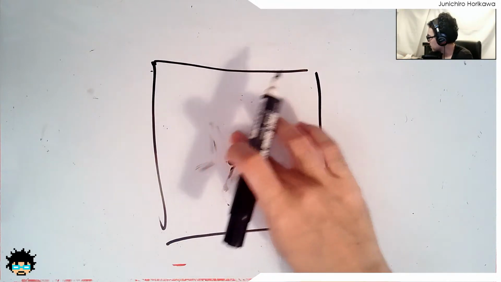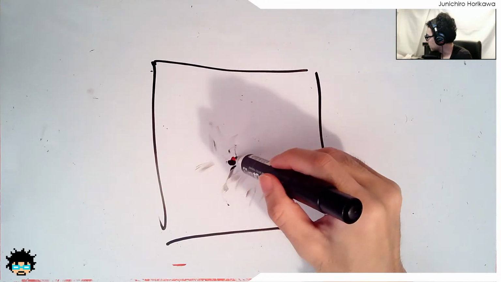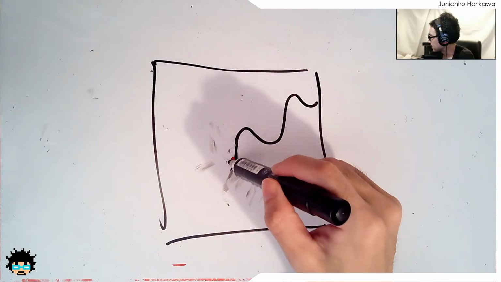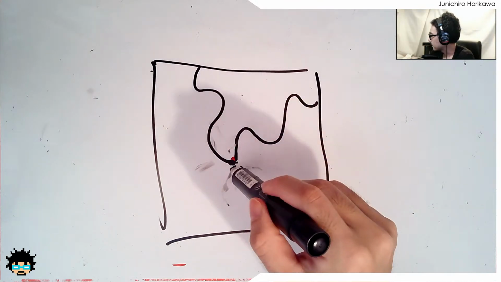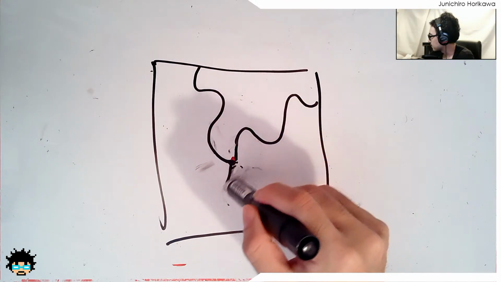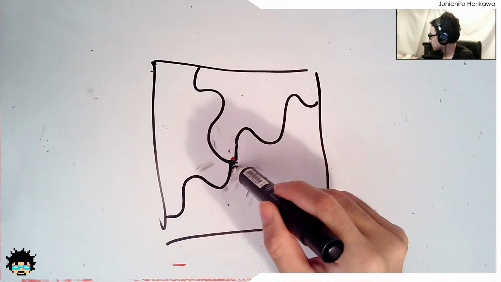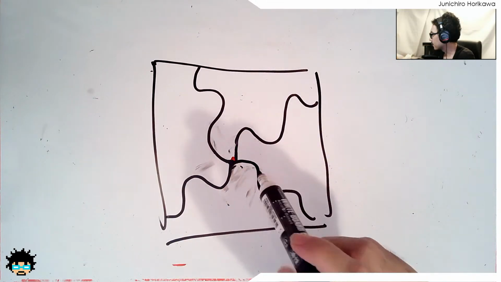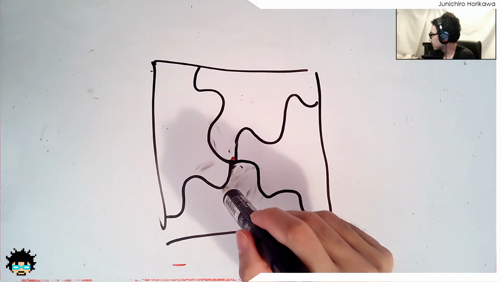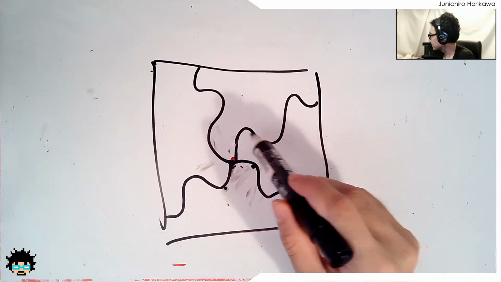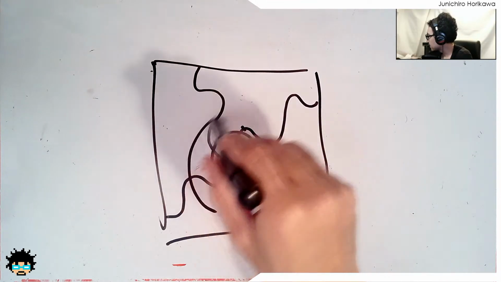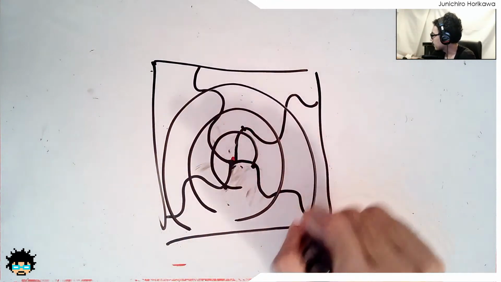Meaning from here I'm going to make a sine wave like this to every direction like this. But if you have a curve like this and say these are the mountain points, then what you get is more like a ripple-like effect.